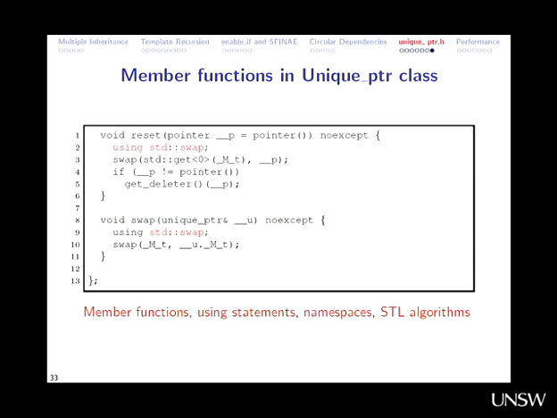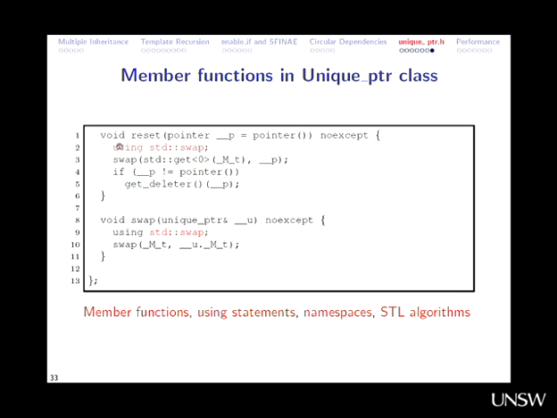It brings the swap into the namespace, but it doesn't hide this one. It brings the standard swap into the namespace. We have a specialization for unique pointer types here. And because we bring that using standard swap in there, the next line saying swap, the version that gets called will be dependent on the arguments coming in.